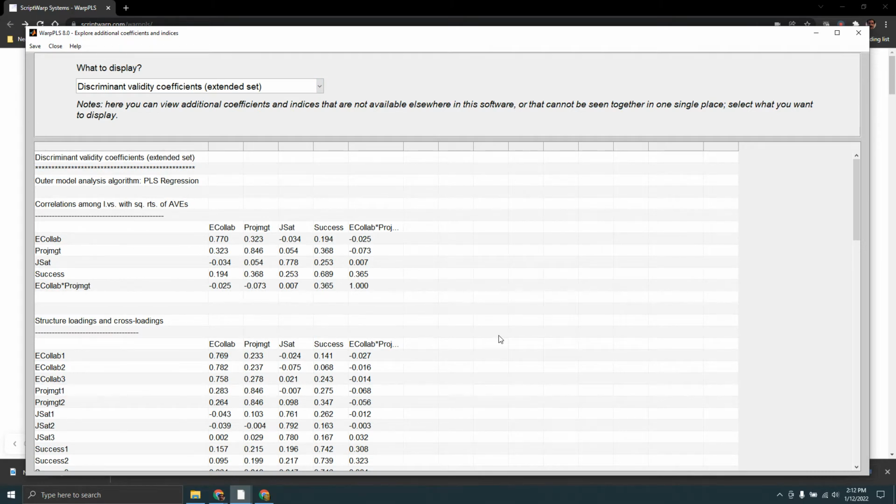And let's see if there are violations of discriminant validity with respect to success, which now has an extra indicator in project management.